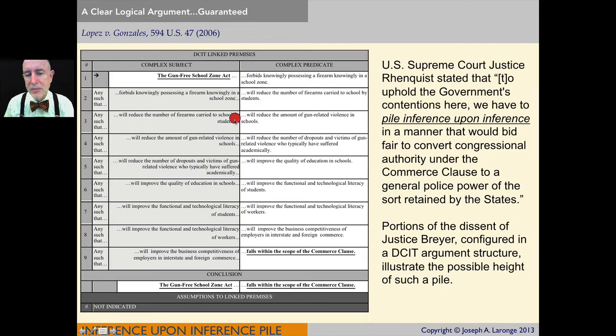So you can see being able to see the order of the premises, which isn't readily apparent with the tree-like structure, is really important, and to see how many steps there are, so that the audience and yourself can decide how much piling inference upon inference is going on. And here you can see how high this inference upon inference pile gets.